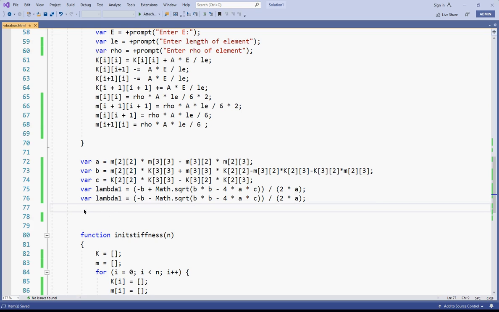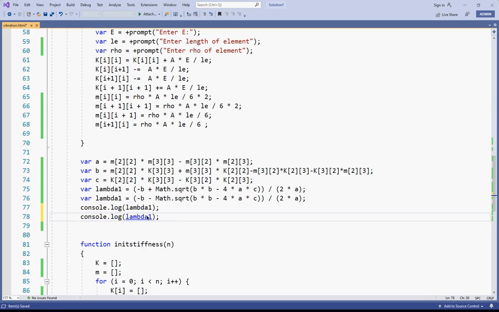So let's log console.log lambda 1. Copy this and paste it here and say lambda 2. Maybe I comment this as lambda 1 equal to, and I can put a plus sign.